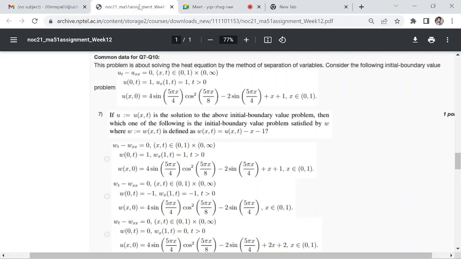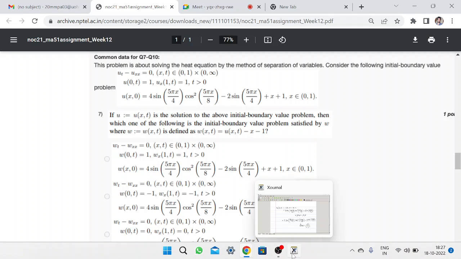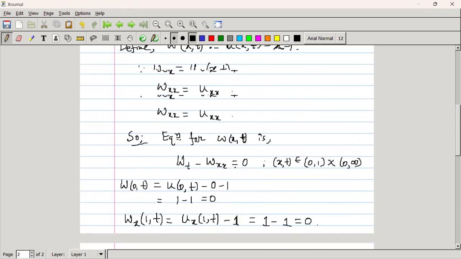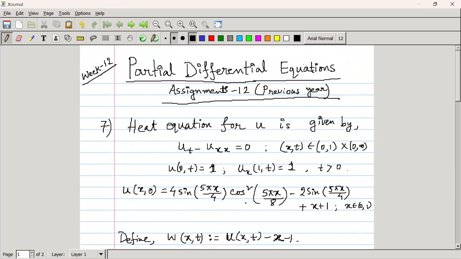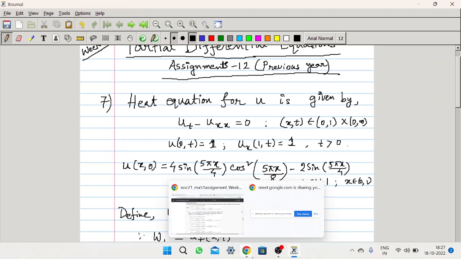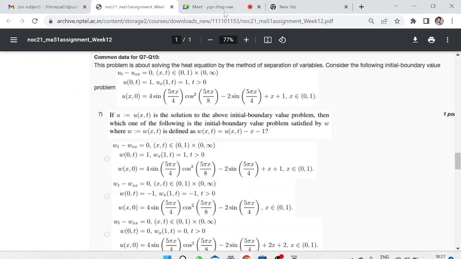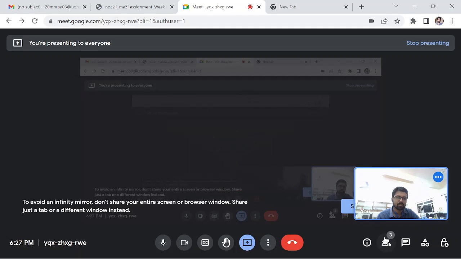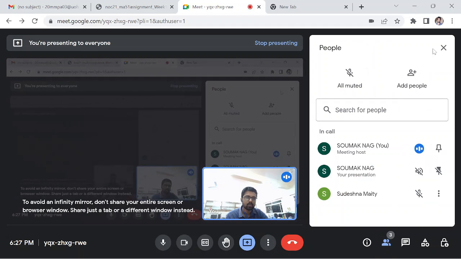Hello. Is the screen visible? Is the screen visible? Can you please confirm? Sudeshna Maiti.